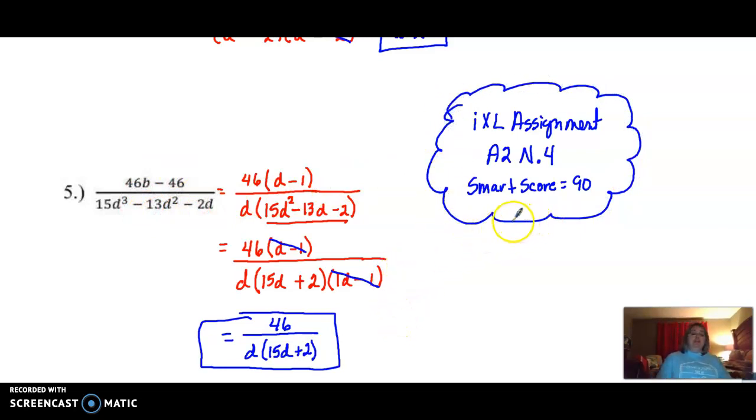So remember, you can do either the printed version or you could do the IXL version. Load it back up into your assignments for me so that I can get a good grade for you. Or we can at least see how you're doing. I'm not sure if we're taking grades yet, but we can at least see how you're doing.